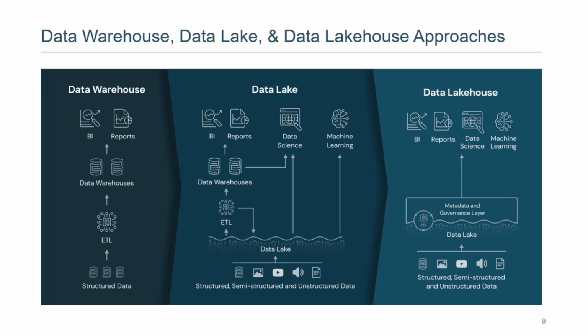So to cover the three different approaches, we have the data warehouse approach, the data lake approach, and the data lake house approach. For the data warehouse, this is more of a traditional approach, and this is where data engineering and data warehousing started from. You'll have structured data, such as in a SQL Server database. You'll have an ETL pipeline, so that's going to extract the data, transform it, and then load it.